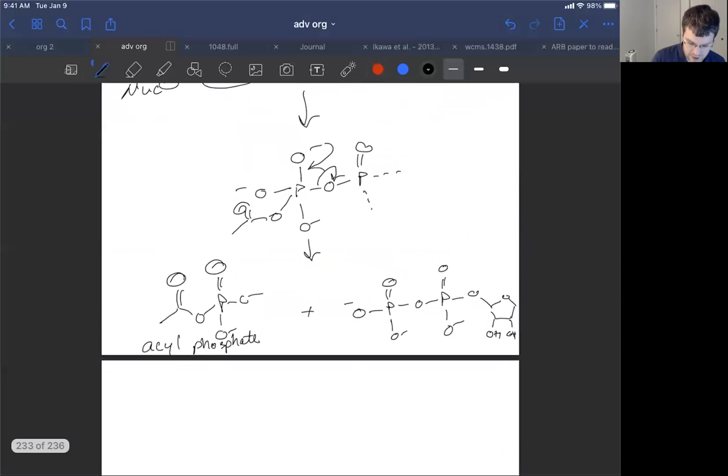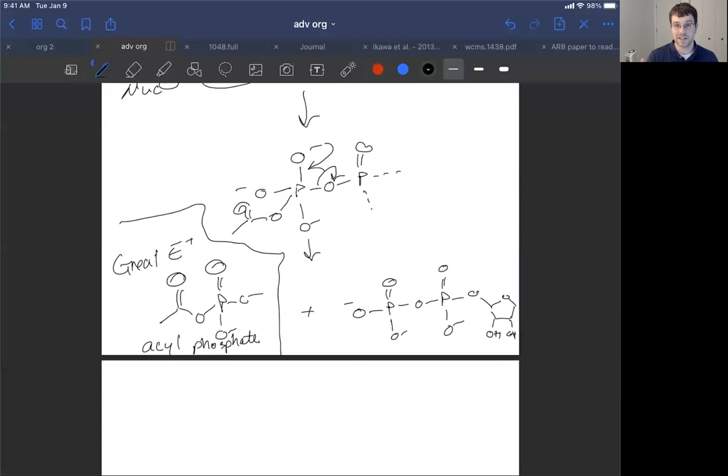Acyl phosphate. This is now a great electrophile. I said when I had my scale of things that undergo acyl substitution reactions, the acyl phosphate was the best in a biological medium. And so it's formed by taking acetate and just reacting directly with ATP to make ADP.